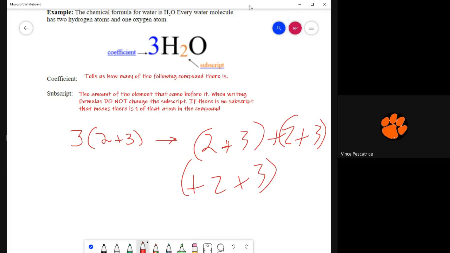Okay, so each one of these equals 5, so it'd be 5, 10, 15. So do you all understand that this is a short way to write all of this? Does that make sense?